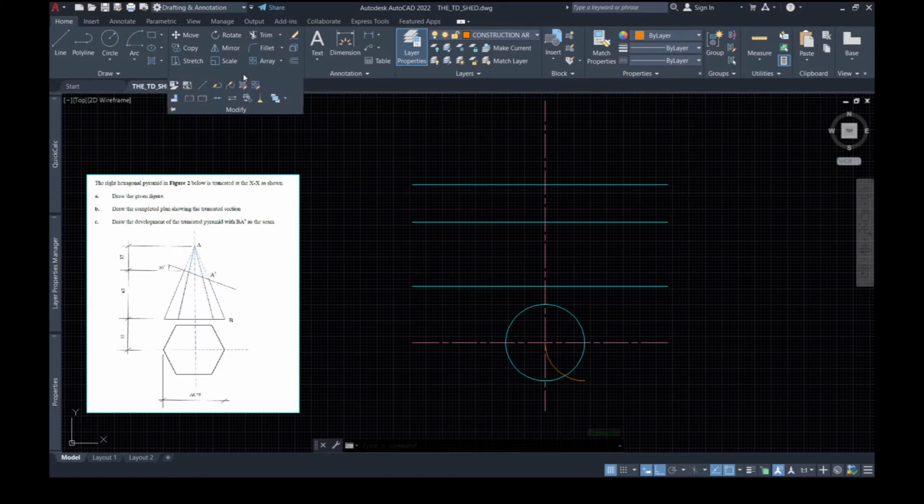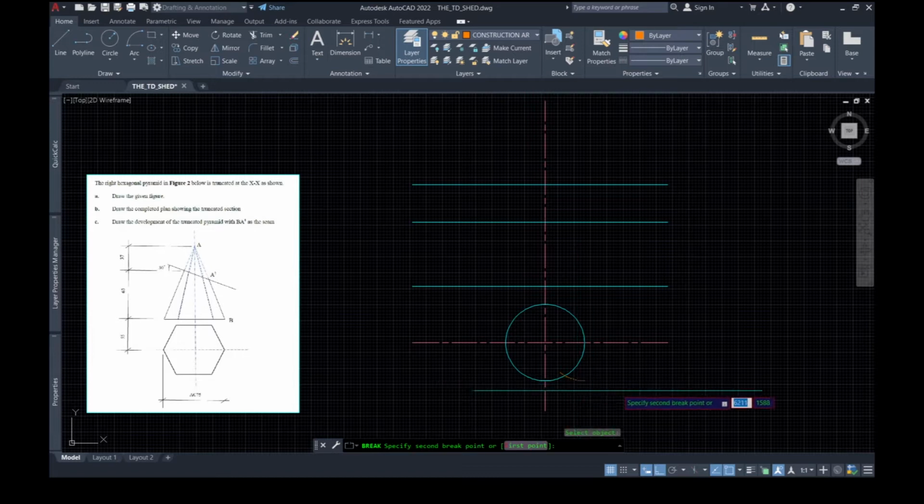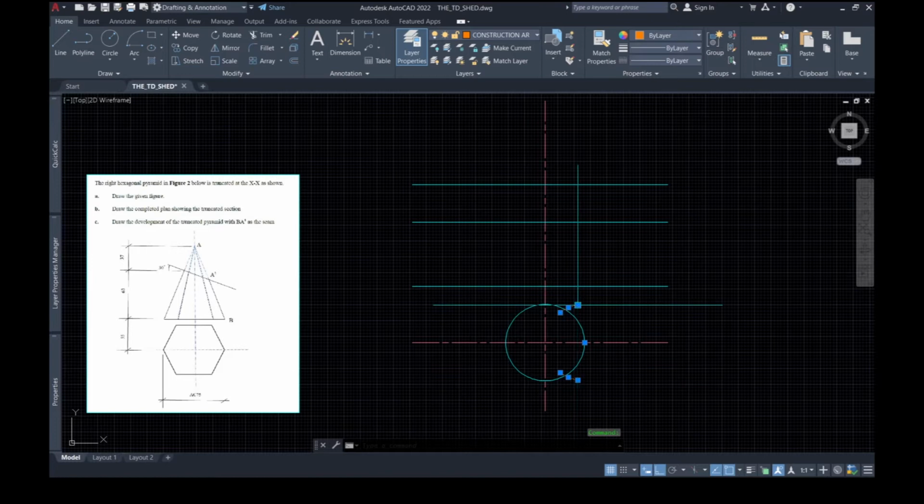After constructing one of the arcs, I will use the break tool to reduce the length of the arc. I will then use the mirror tool to mirror this arc along this axis, and then use the mirror tool once again to mirror these two arcs along this mirror line.